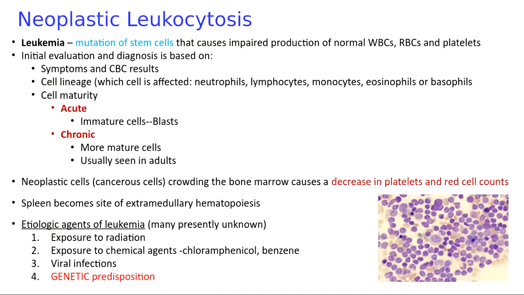If we know the origin of the problem, then the chemotherapy can be tailored to that. One of the things they are always looking at, and you can see it in the differential, is the presence of very, very immature cells, which gives an indication of the leukemia being an acute leukemia versus a chronic leukemia.